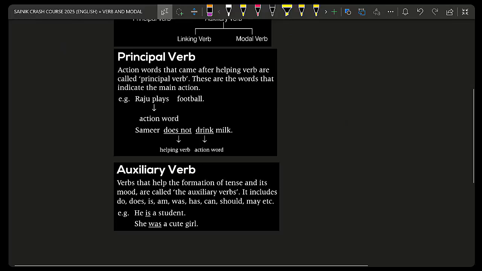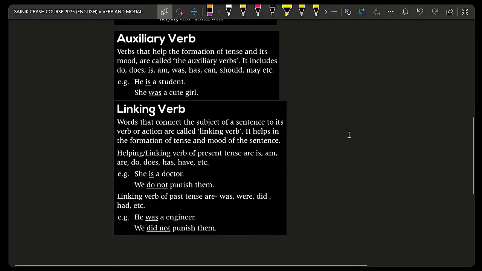Next we discuss linking verb. What is linking verb? Words that connect the subject of a sentence to its verb or action are called linking verbs. It helps in the formation of tense and mood of the sentence. Helping or linking verbs of present tense are is, am, are, do, does, has, have, etc. She is a doctor.